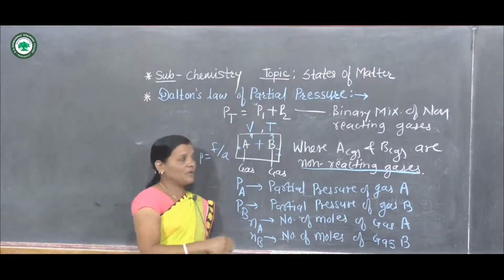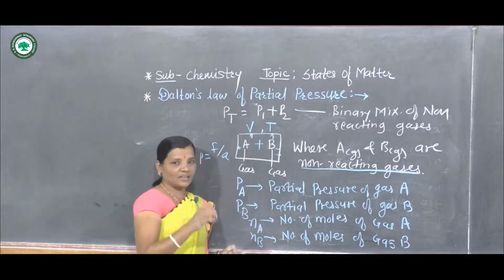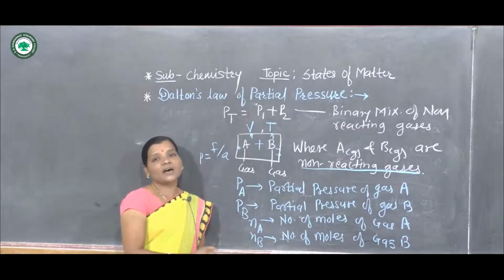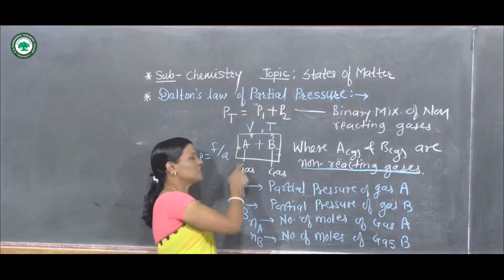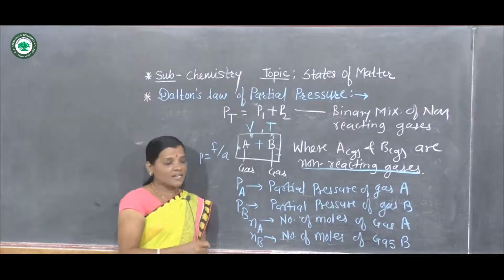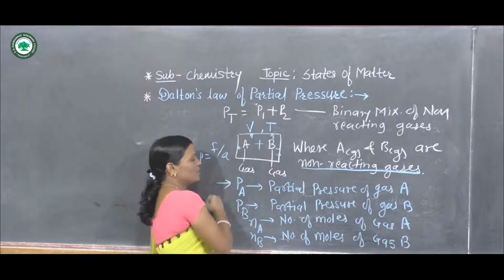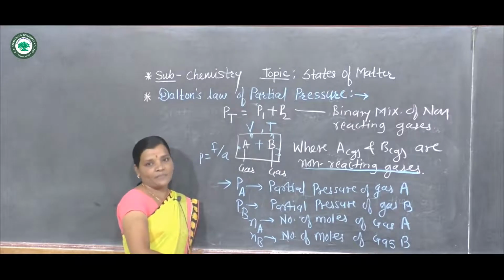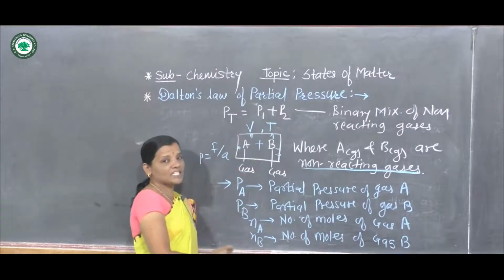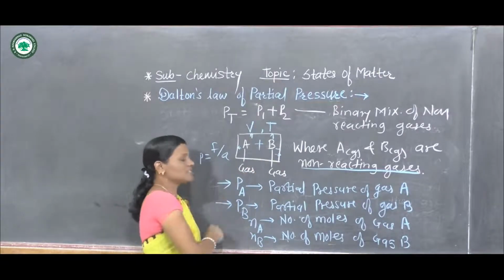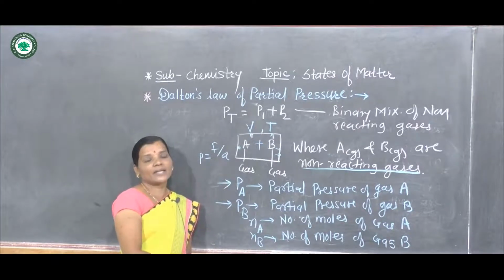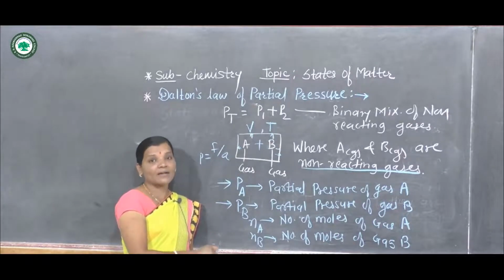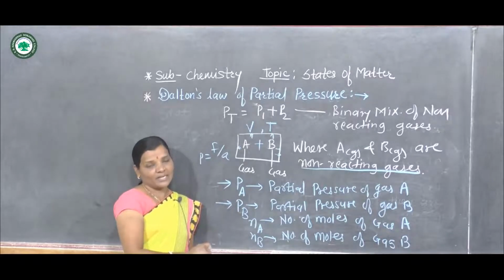In this way, when a mixture of gases is taken in a container, pressure is exerted by both gases. The pressure exerted by gas A is called the partial pressure of gas A, and the pressure exerted by gas B is called PB, the partial pressure of gas B, due to the collision of gas molecules hitting the wall of the container.